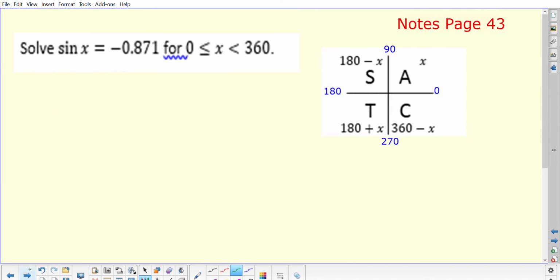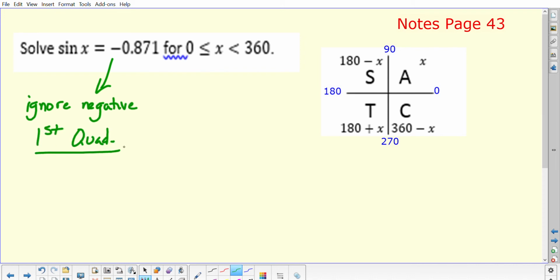Second example on your page, you're trying to solve sine x equals a negative value. Now between 0 and 90, which is where you get the first angle, all the angles are positive. So we first of all ignore the negative so that we can find the angle in the first quadrant.